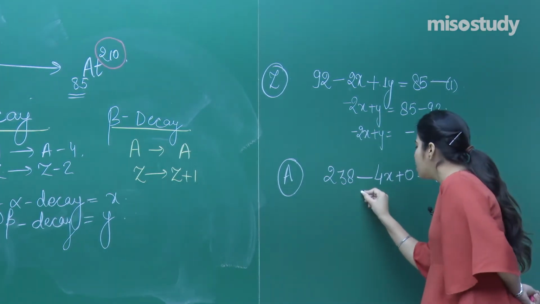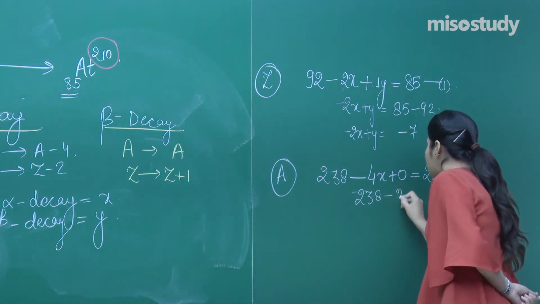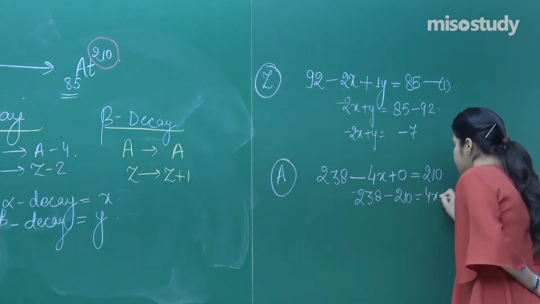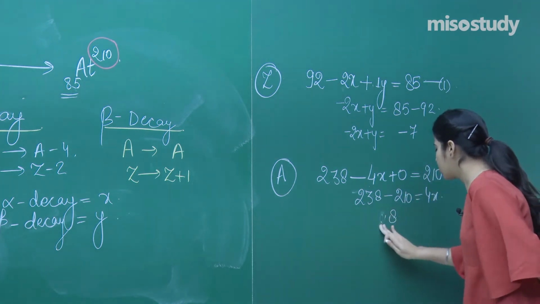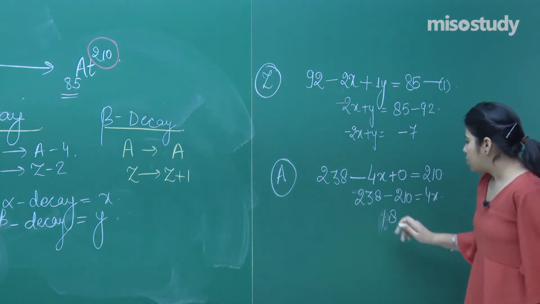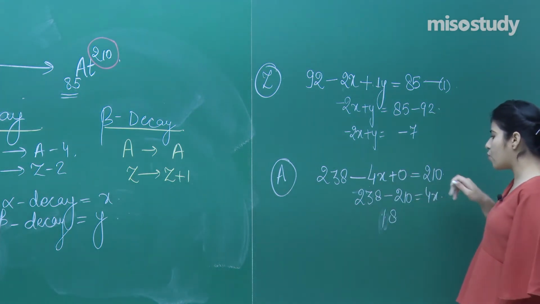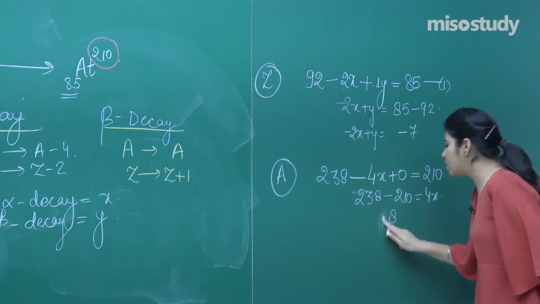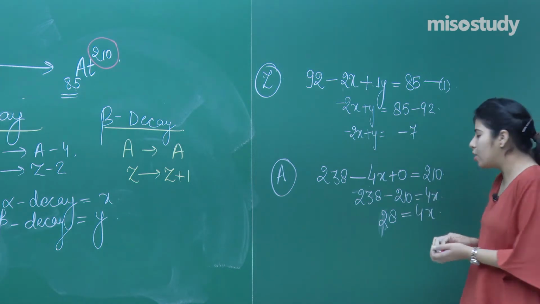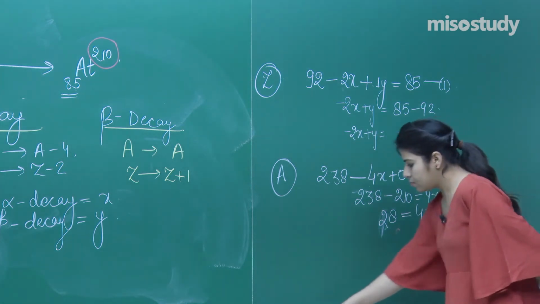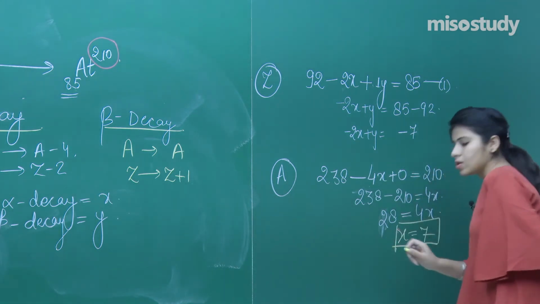So you can say 238 minus 210 equals 4x. 238 minus 210 is 28, so 28 equals 4x. From here the value comes out to be x equals 7, right?